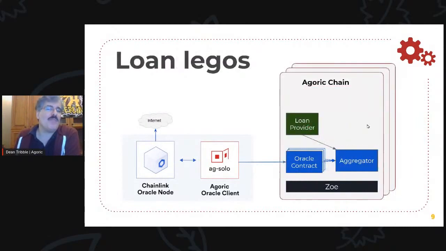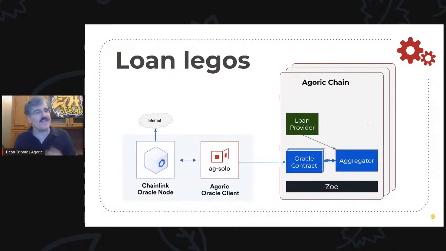So let's look at an example of that. Let's say you have a loan provider where you can come in and say, here's some collateral, I want some stablecoin or whatever it is. That has access to a particular Oracle, a particular price authority, the aggregator that is sort of a central part of this Chainlink integration.